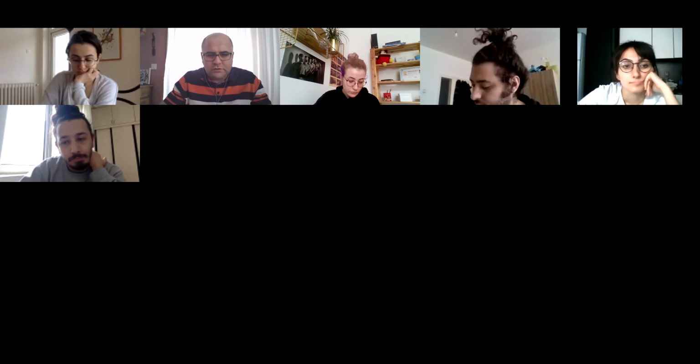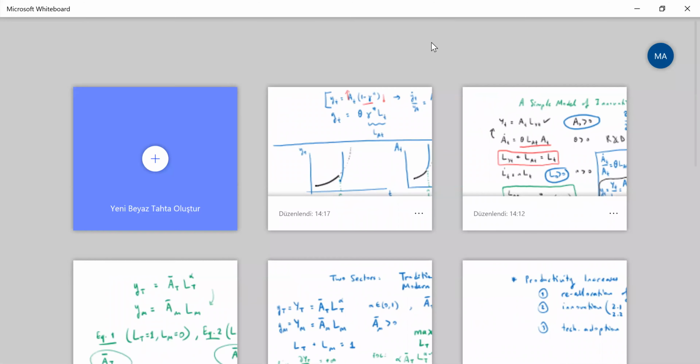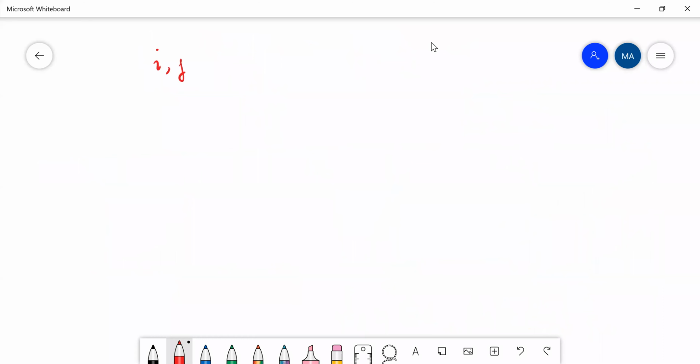Now, one thing I want to show you is this. Let's go back to our cases of many countries, right? Suppose that particularly we are going to look at 2 countries, and let's say these 2 countries have such production functions.